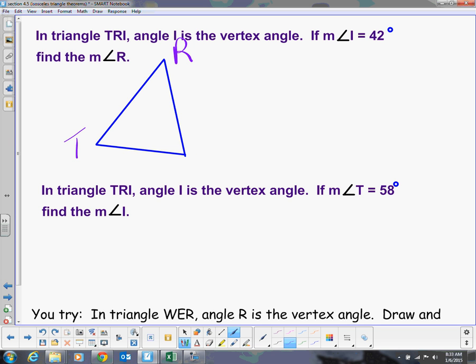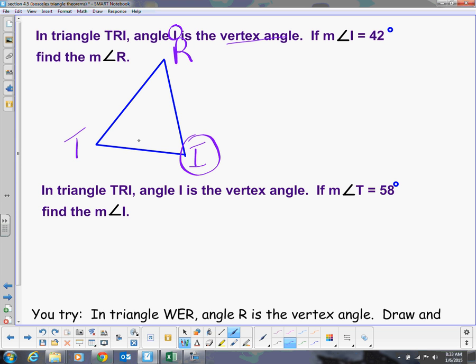All right, so in triangle TRI, I is the vertex angle. If I is the vertex angle, then I should know which two sides are congruent. Those are angles. I need two letters to name a side.